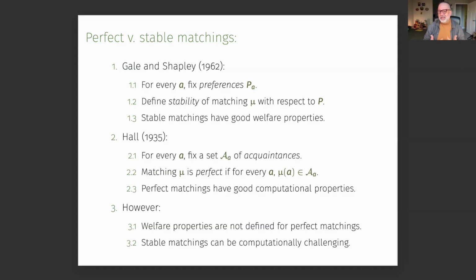For instance, if all you have is a perfect matching with respect to a set of acquaintances, you cannot talk about welfare. An economist cannot say anything about welfare if we don't know anything about the agents' preferences. At the same time, Gale and Shapley's concept of stability has some computational challenges.